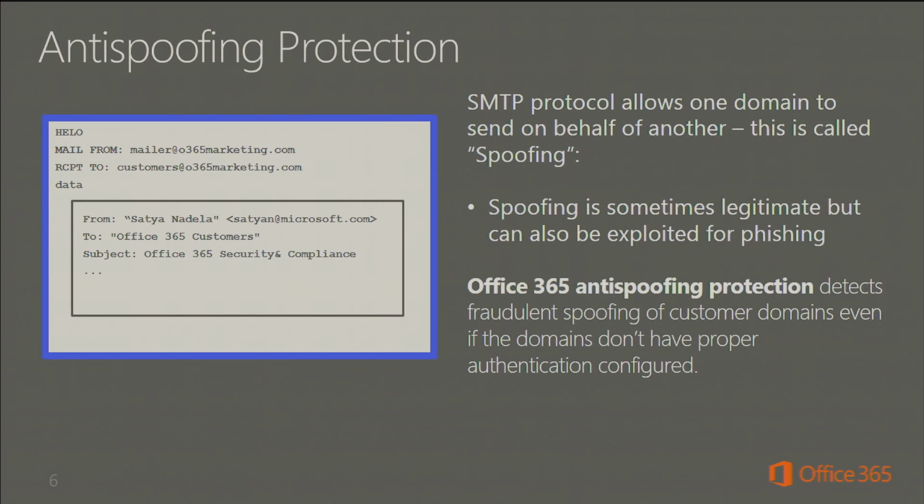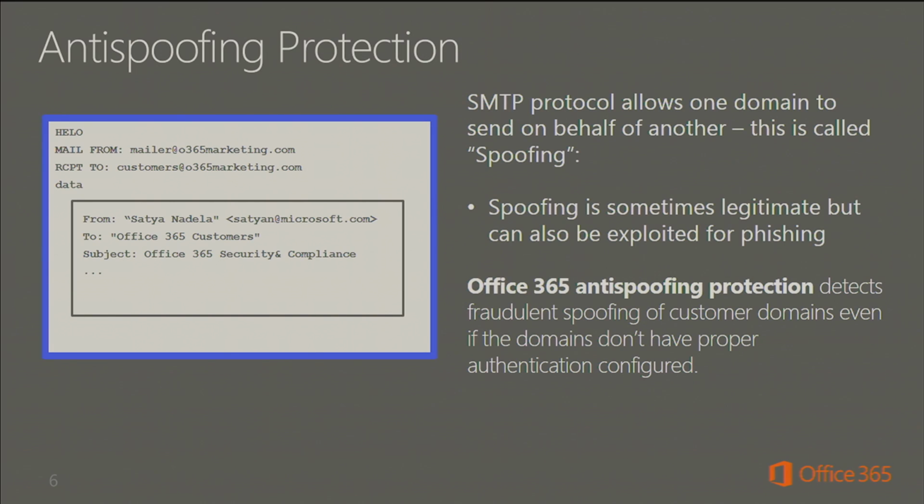Well, that message is a legitimate message. The person who's being spoofed does actually want the message to go out. But spoofing can often also be used by phishers to get someone to believe that they're someone that they're not. Office 365 anti-spoofing protection is meant to detect the difference between those legitimate cases of spoof from the illegitimate ones.